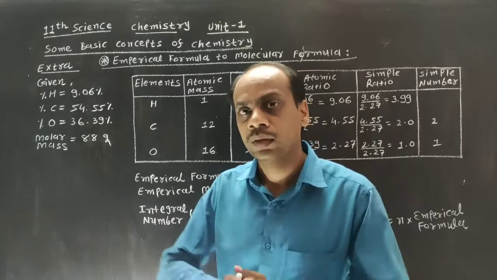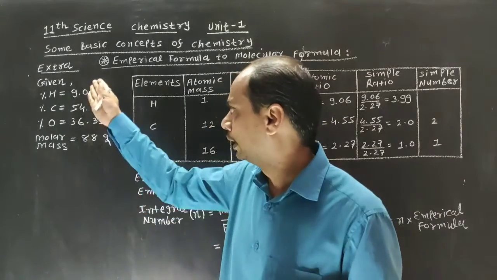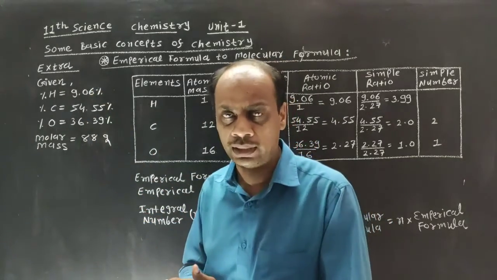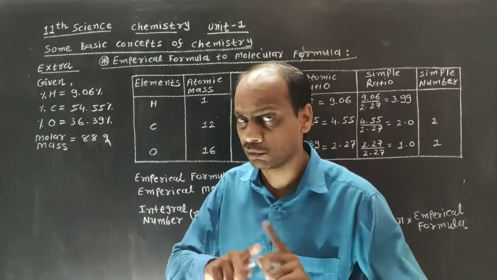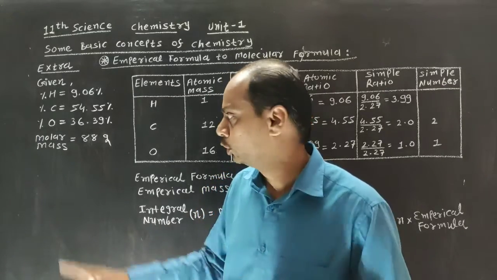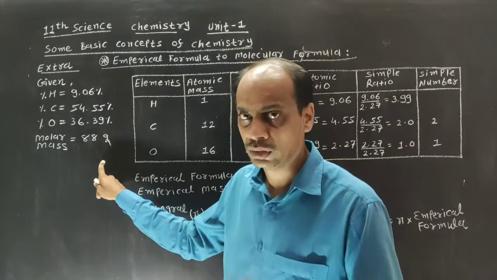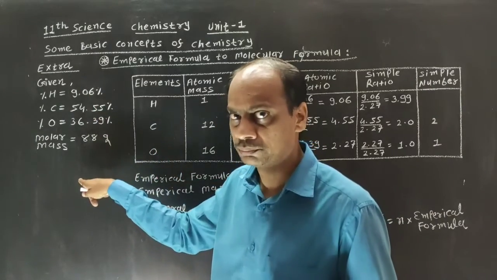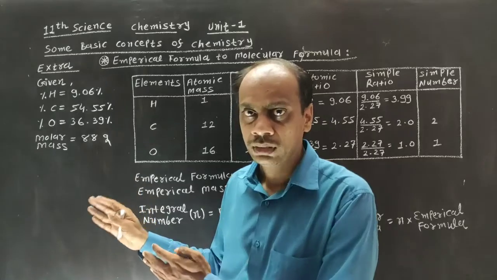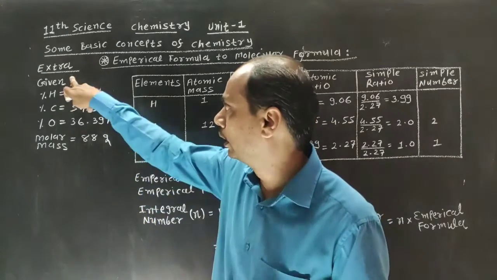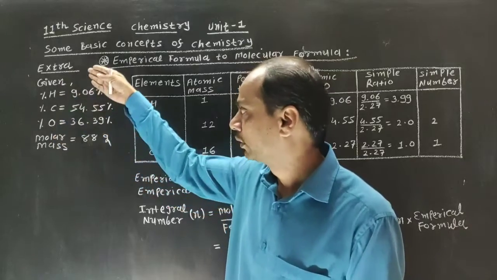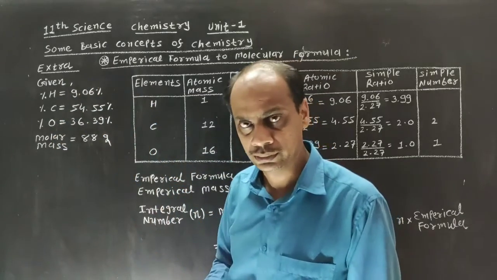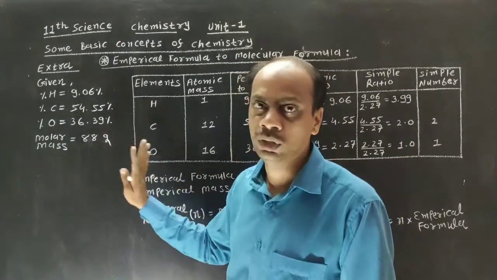You have to write the full question, as in our earlier example. Am I clear? Don't write this type, because this is the simplification. This is the solution. In the solution, first of all write down the given, then write down the elements, and here are the percentages and molar mass.